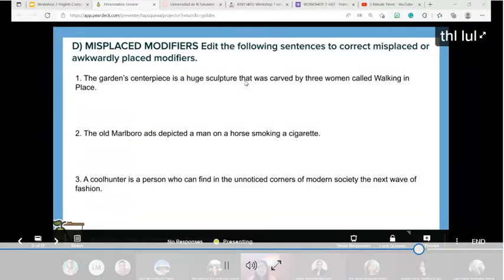So the garden's centerpiece is a huge sculpture. So we are talking about a huge sculpture, a big monument. And it was carved by 3 women, called Walking in Place. Are we talking about the name of the 3 women that sculpted that centerpiece, or are we talking about the name of the huge sculpture?